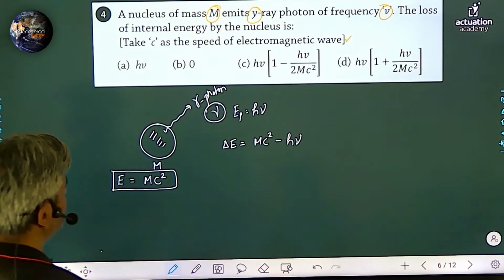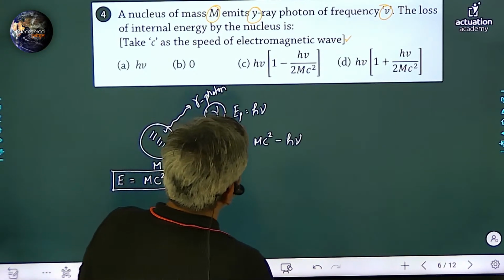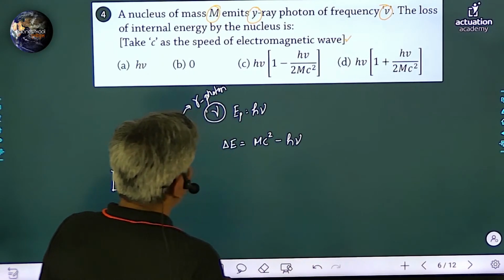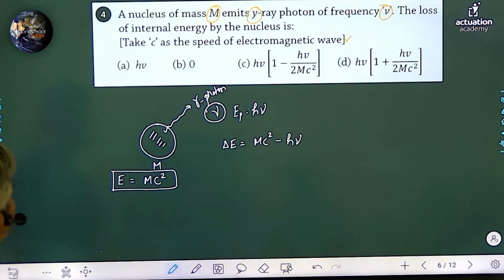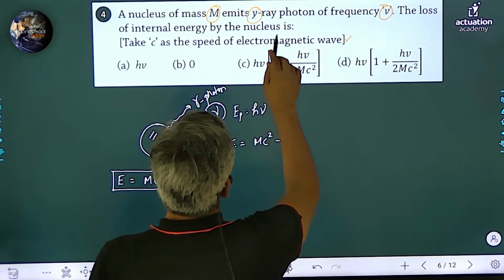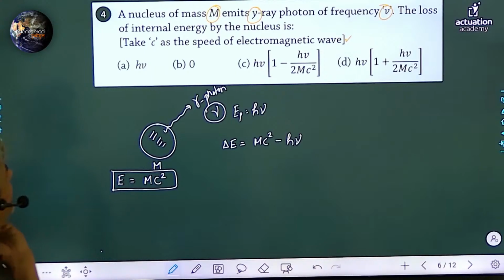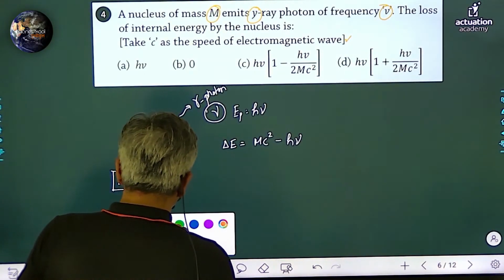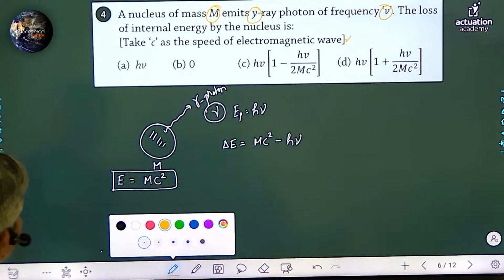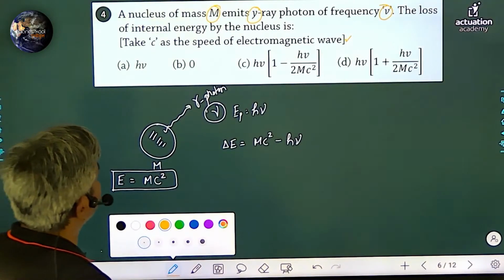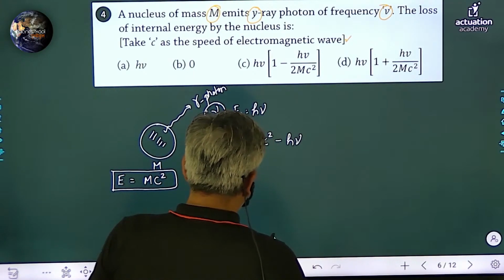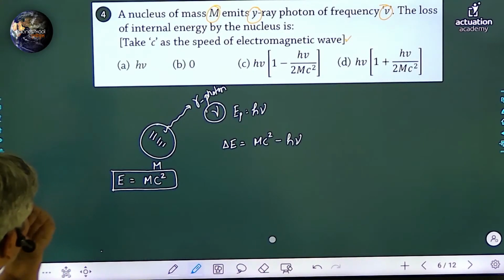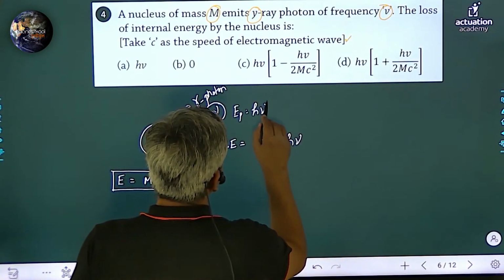So this can be written as, if you take h nu common from here, the loss of the internal energy by the nucleus is... So initial energy was mc square, and this, sorry, is the energy of the photon which is released, h nu.